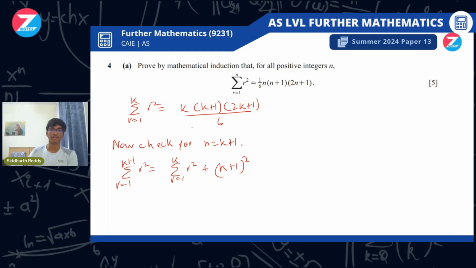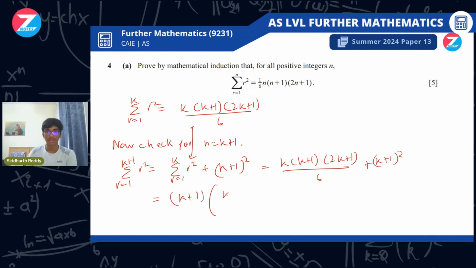And now we have this one, so let's just substitute this here. So we have k into k plus 1 into 2k plus 1 by 6 plus k plus 1 square. So now factoring out the k plus 1, we have k into 2k plus 1 by 6 plus k plus 1.